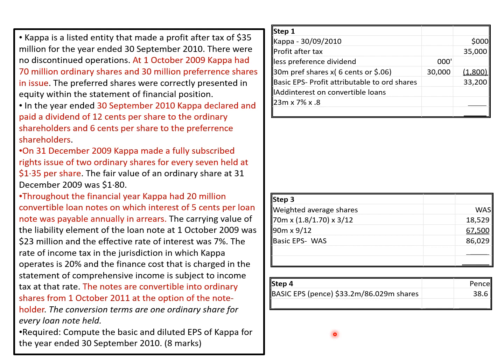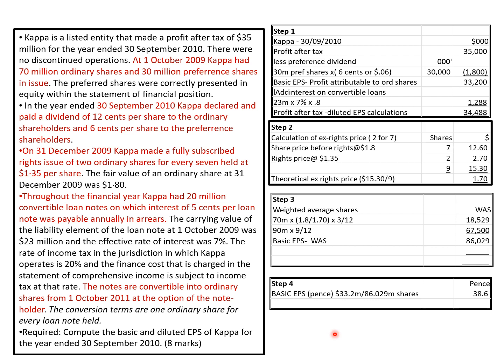So we're going to multiply 23 million times 7% times 80% as the amount to be added back. So you have the interest on the convertible loan added back as 1,288,000.